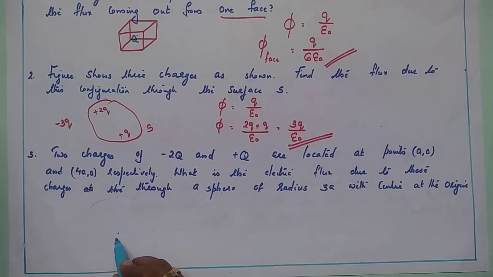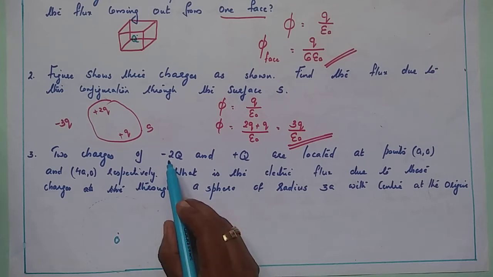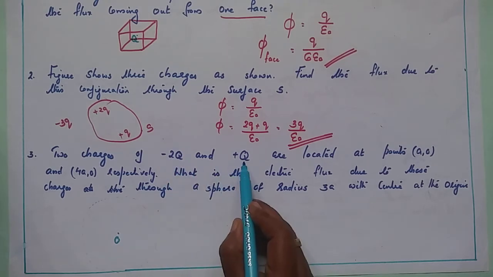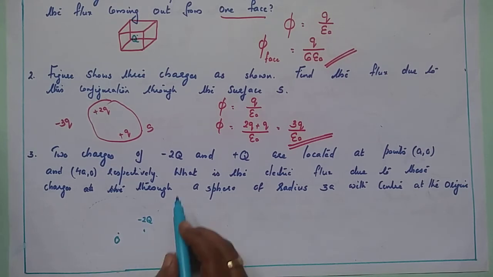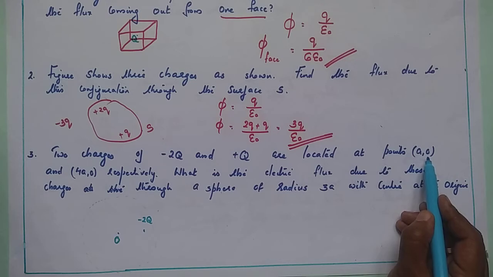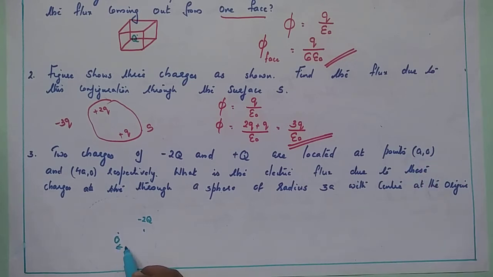Here this is the origin, then 2 charges are there, minus 2Q and plus Q. Minus 2Q is at a distance A, so this distance is equal to A.